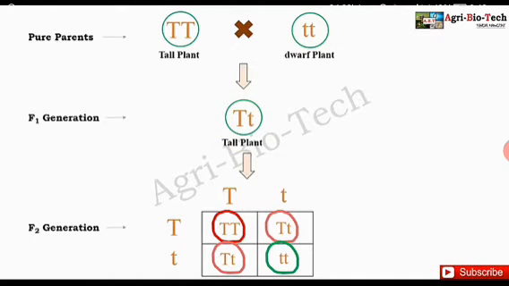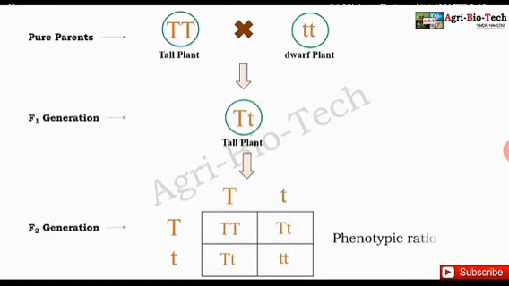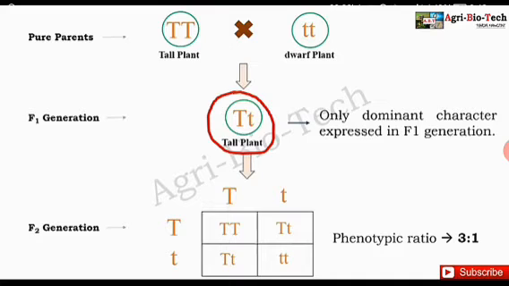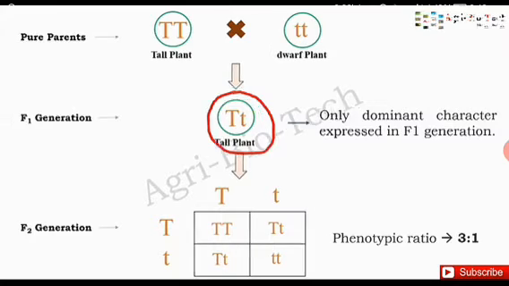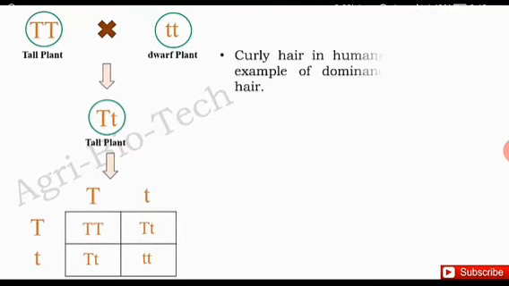But in the F1 generation they got capital T and small t. So in the F2 generation the phenotypic ratio is 3:1. Then he concluded that only the dominant character is expressed in the F1 generation.